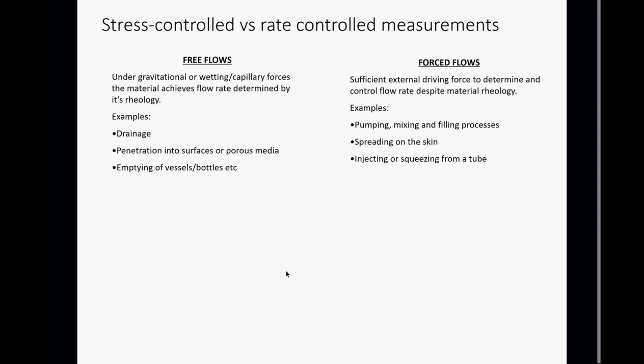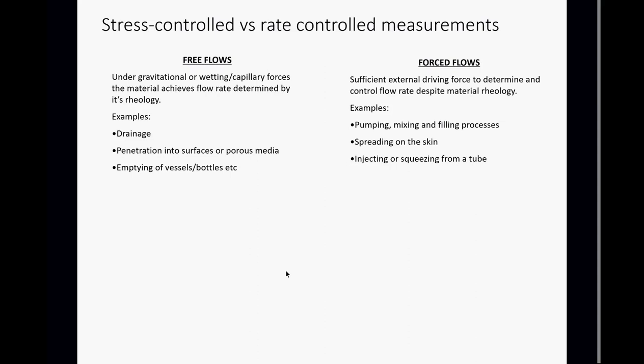So a forced flow, imagine if you were painting a wall, and you're spreading the paint with the paintbrush, and that's a forced flow situation. You're in control, and you can determine how quickly you want that paint to be moving as it's spread across the wall. As soon as you stop painting, we return back to a free flow. Now gravity and maybe surface tension and capillary forces take over, and the product, the paint itself, you could think about as being in control, really.